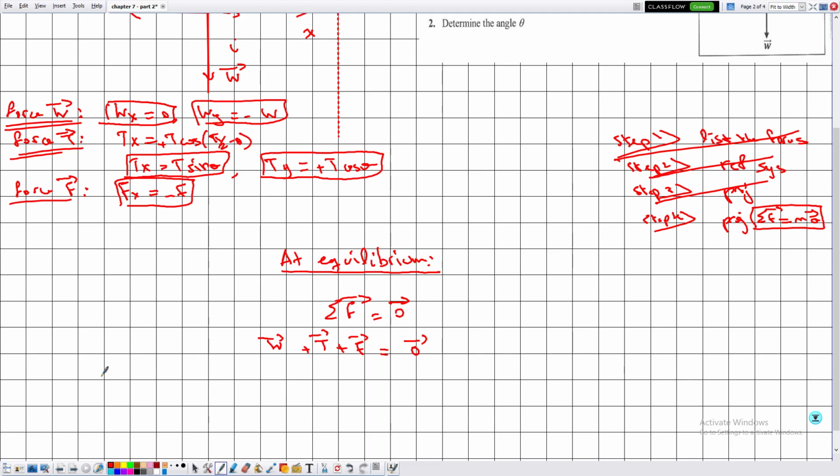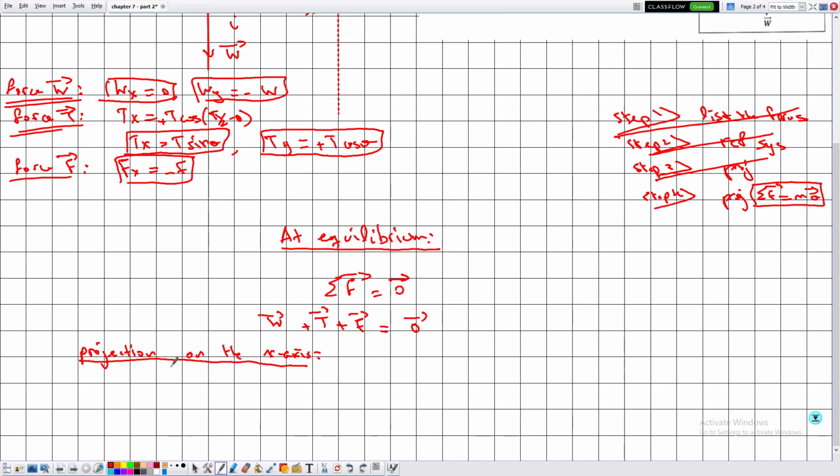Let's do the projection on the x-axis. How do you project on the x-axis? Simply we drop down the vectors, and each vector quantity will carry the label x. So this is Wx plus Tx plus Fx is equal to 0.